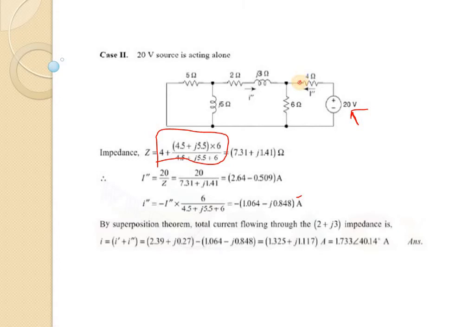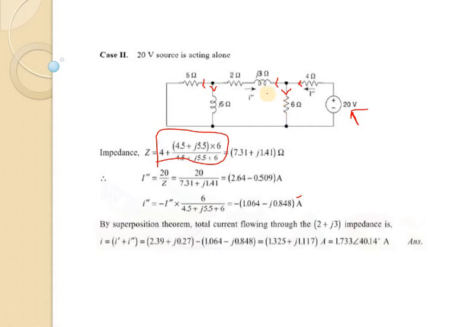So here in the 4 ohm, current I double dash is flowing, then after coming here it is divided into two branches, and after this point it is again divided into two branches. That means 5 ohm and j5 ohm both are in parallel. Then after calculating this one, this will be again in series with this 2 ohm plus j3 ohm.